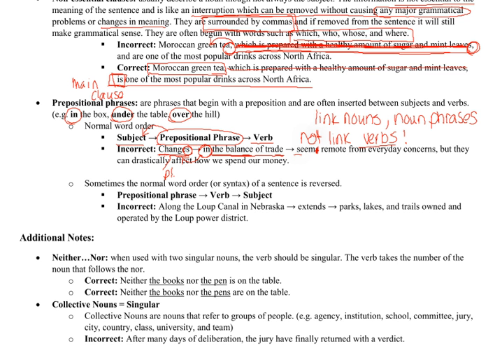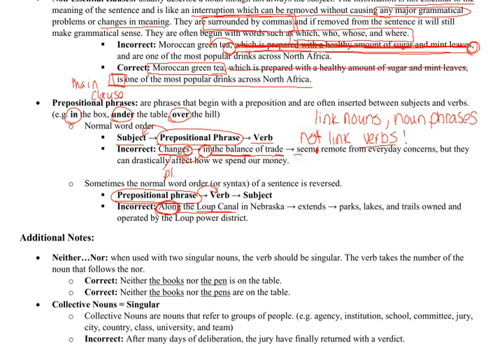Now, sometimes they switch around the normal word order or syntax of a sentence and they reverse things. So sometimes the sentence starts off with a prepositional phrase giving us more information about the verb and then follows it up with the verb and the subject. So let's look at this again, incorrect example. Along the Loop Canal in Nebraska. That word along is that linking word that indicates direction, location, or time.